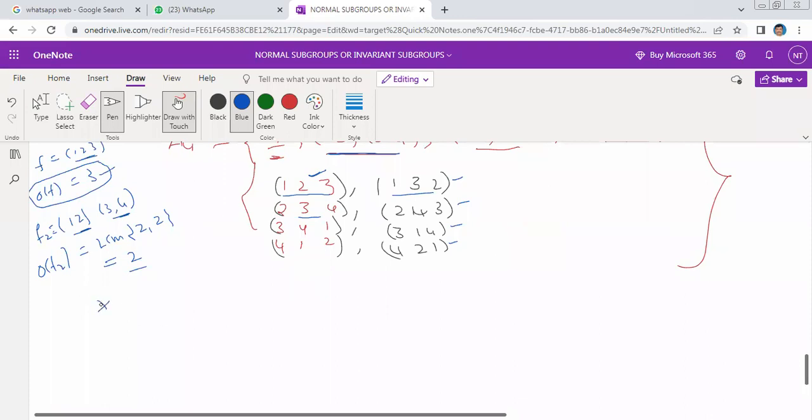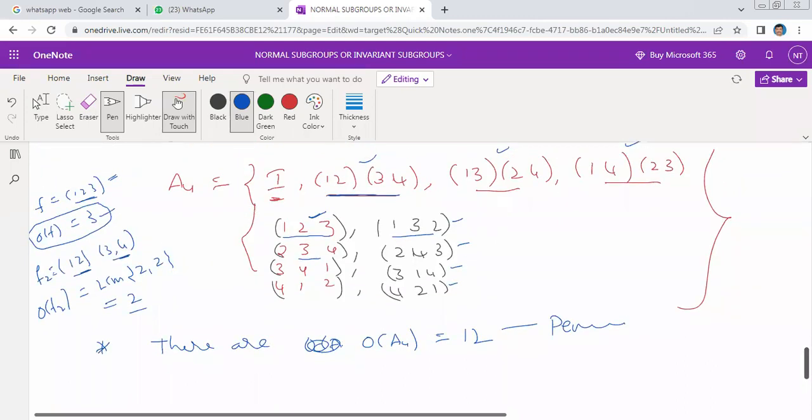Order of the identity permutation is 1. There are how many permutations in A4? Order of A4 is equal to 12 permutations. Yes, 12 permutations. Can anybody say the number of elements of order 1? Number of elements of the identity permutation.